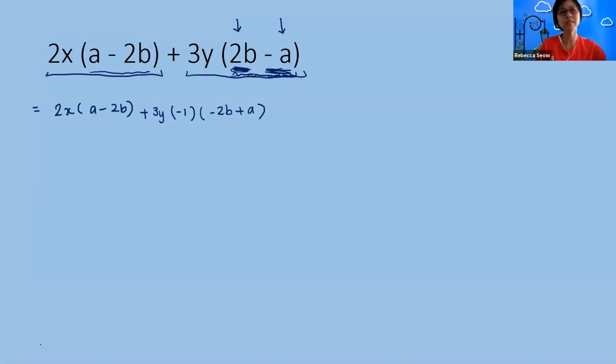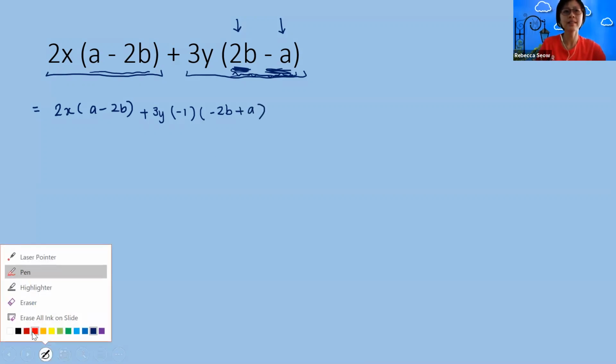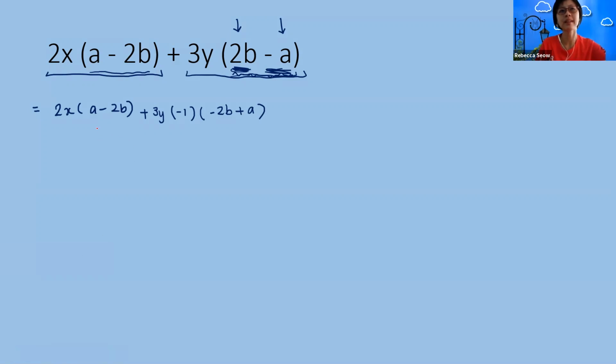Now, in doing so, you realize one thing, that the terms within the brackets are now the same. Okay, so if I were to do a little rearrangement of the terms, it will look something like that. 2x(a - 2b) + 3y(-1)(a - 2b). See that? And from here, how do we move on?